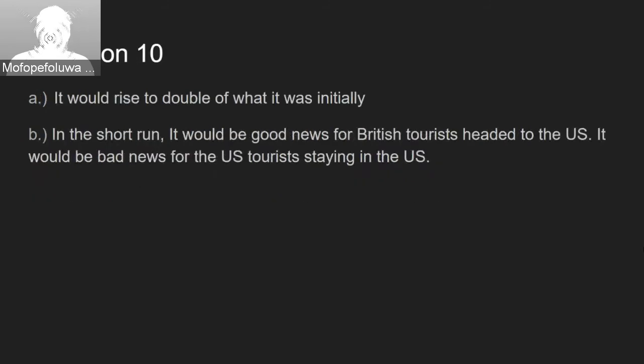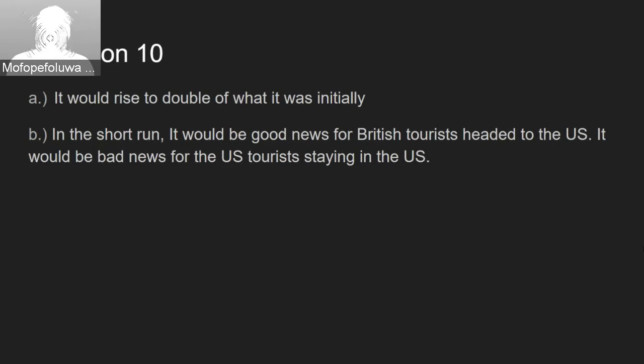So for question 10, if the price level in the United States doubles, this would cause the dollar to pound exchange rate to double, meaning that the amount of dollars it would take to buy a single pound would double.